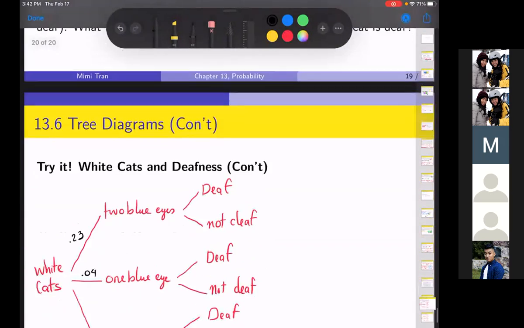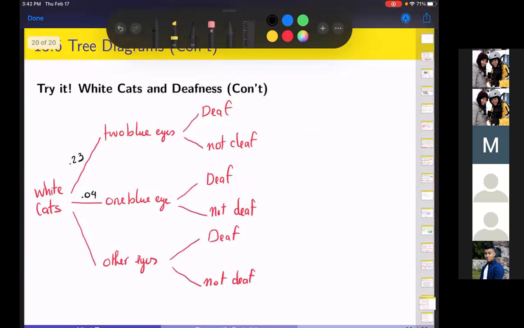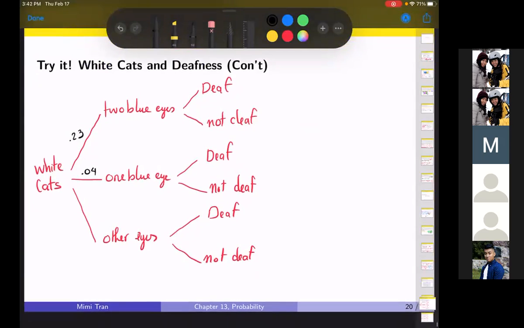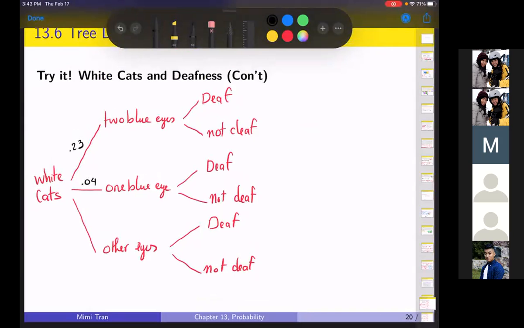And then the remainder, so 0.95 minus 0.23 minus 0.04. I think it's 0.68. I added wrong, my bad.